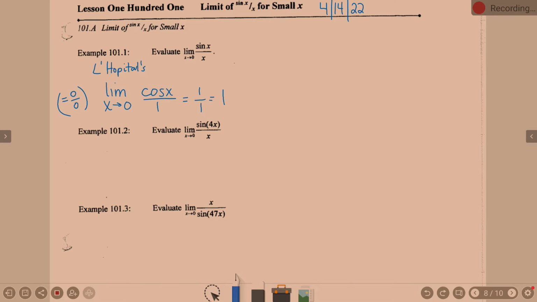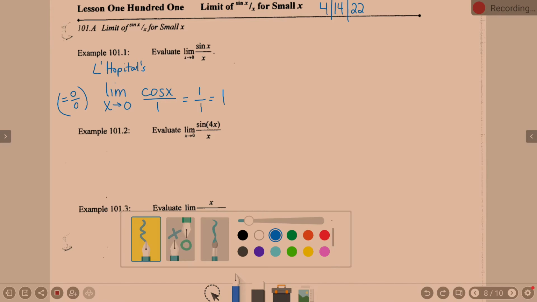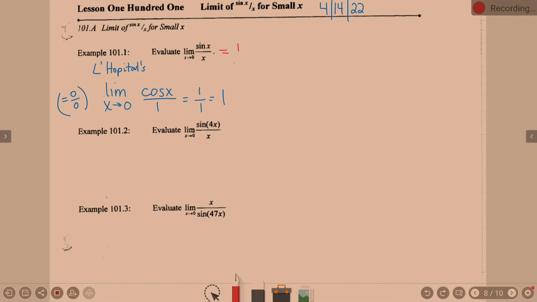If you look on a regular standard graph, it's hard to see there, but it's just oscillating up and down real lightly. Okay, it doesn't go all the way up, but it does go up to 1. Okay? So, what you need to know: the limit as x approaches 0 of sine x over x is equal to 1.